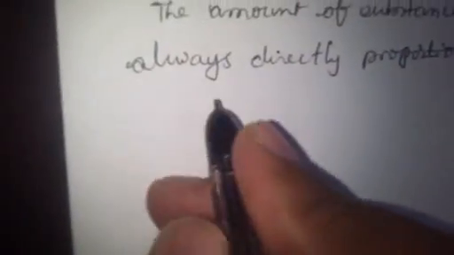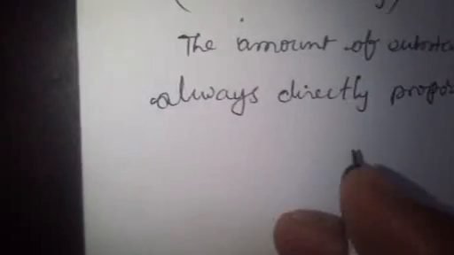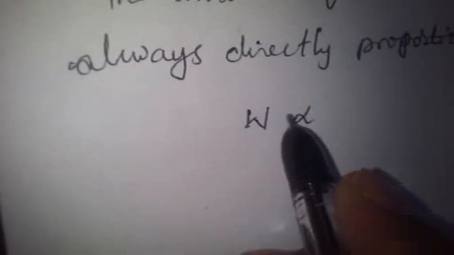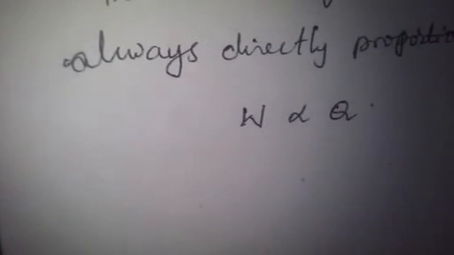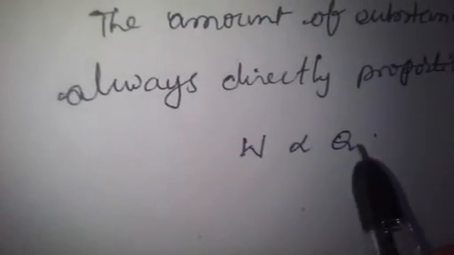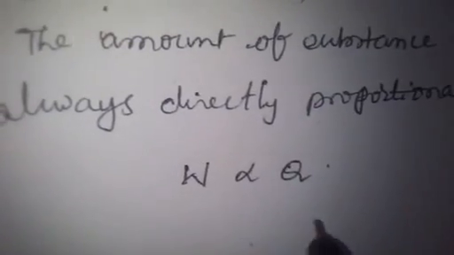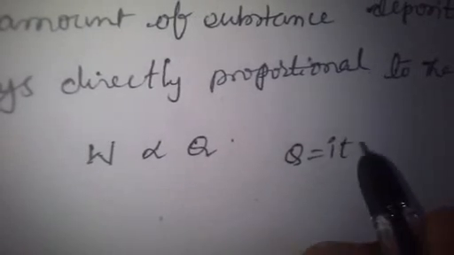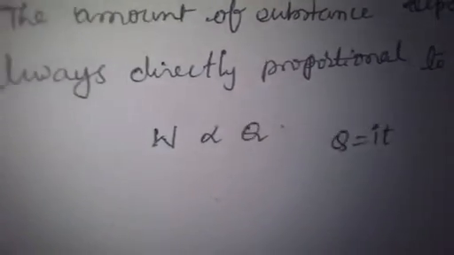By equations we can observe some things. The amount, which we indicate by W, is directly proportional to the charge used to deposit this amount, indicated here as Q. We already know Q is equal to I into T, amperes times time.